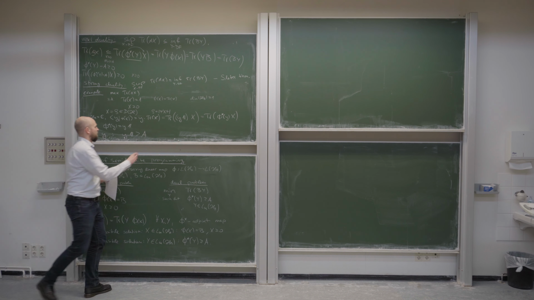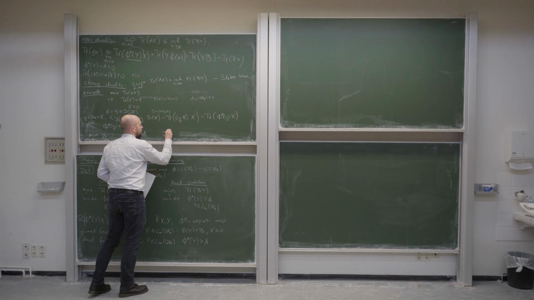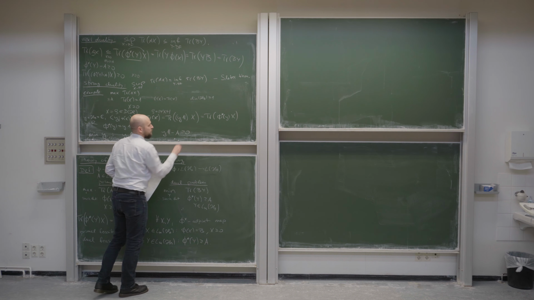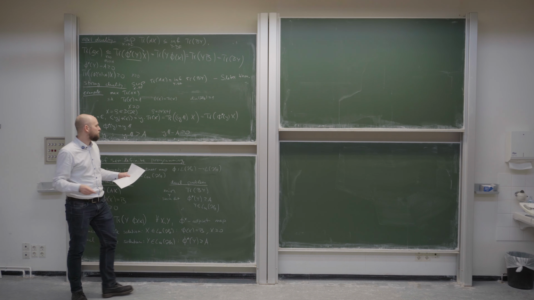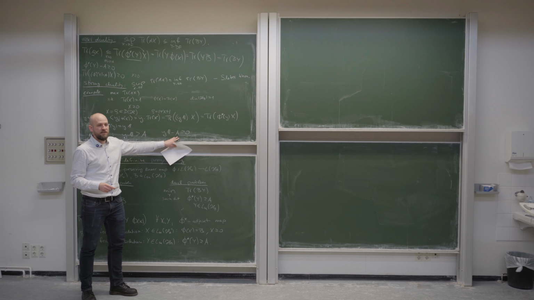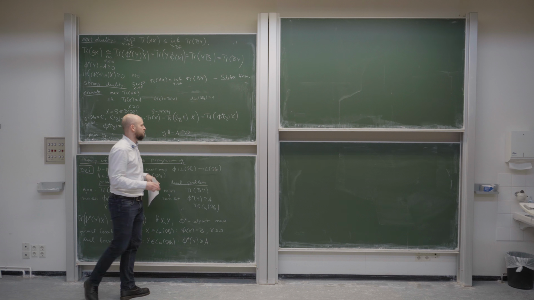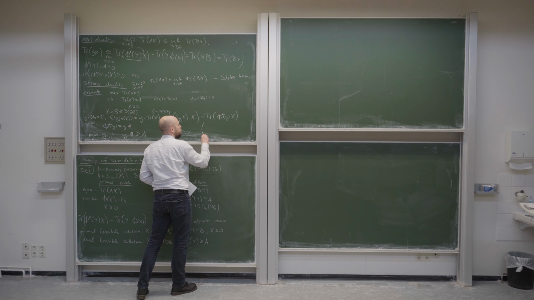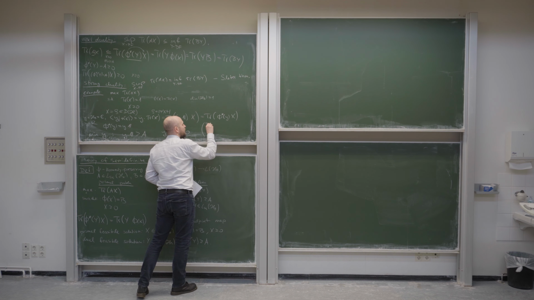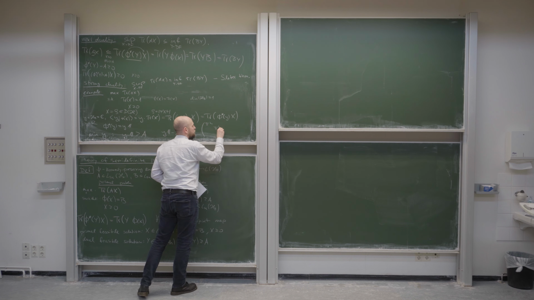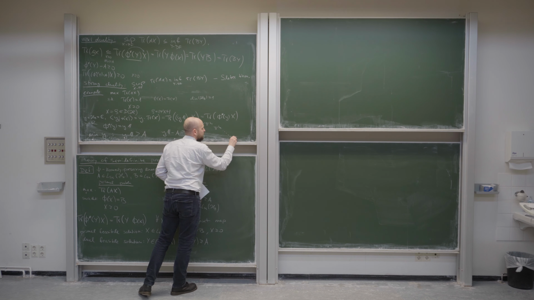Because, as your colleague said, this is the same as saying that this minus A is positive. And if you now assume that A is diagonal in some basis because it's self-adjoint, we can assume that the identity is in the same basis. What this would give you is something like y minus eigenvalue 1, y minus eigenvalue 2, and so on, y minus eigenvalue n.